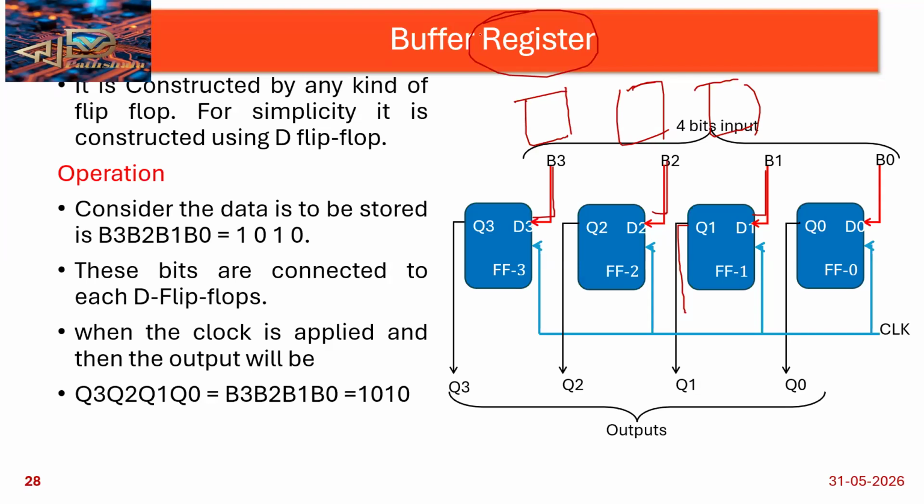But the flip-flop is not like that. It is a memory storage element. Based on the clock, we are storing the element in the flip-flop. A buffer doesn't have any clock and all these things. Even a latch doesn't have.